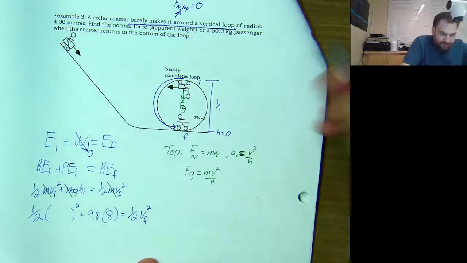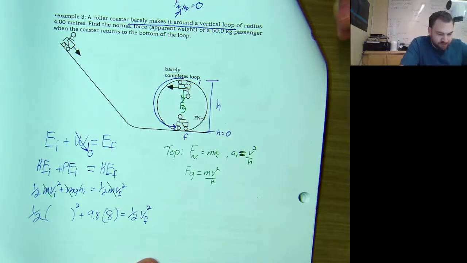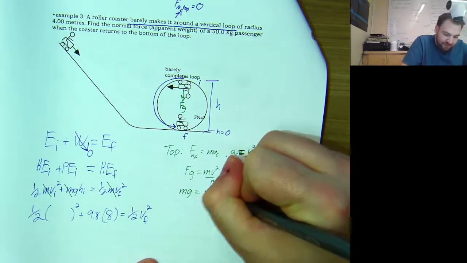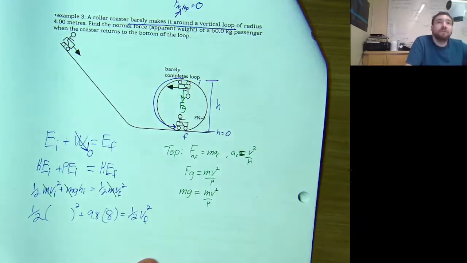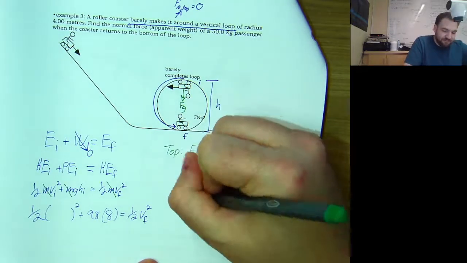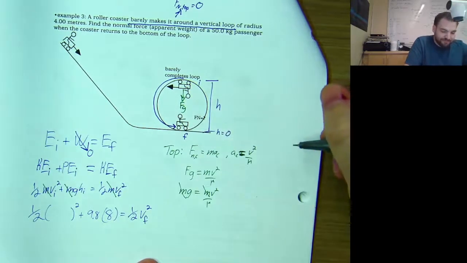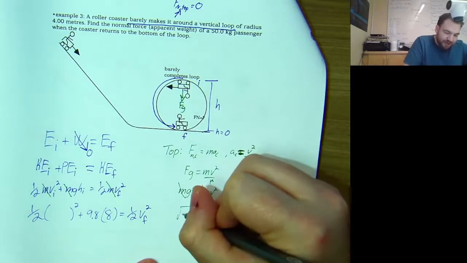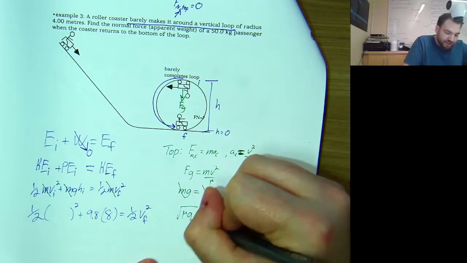Do we know what Fg is for this person? 50, yeah. So I'll just do it this way. mg equals mv squared over r. Actually, do we even need to know Fg? The beauty of this is, because I have no Fn here, my masses can cancel. So I'm going to get that the square root of rg is going to equal v.